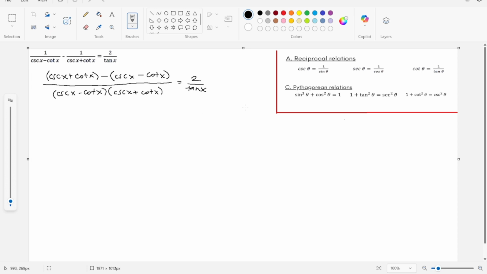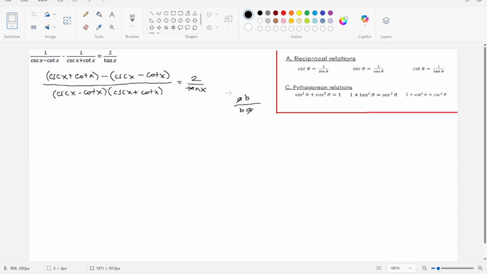So, nagka-cancel lang tayo kapag parehong factor nung numerator at denominator ang isang term. For this case, for example, ito. Maka-cancel lang yung A kapag parehong factor siya nung numerator at denominator. But for this case, it is just a term, a part of the numerator, not a factor.